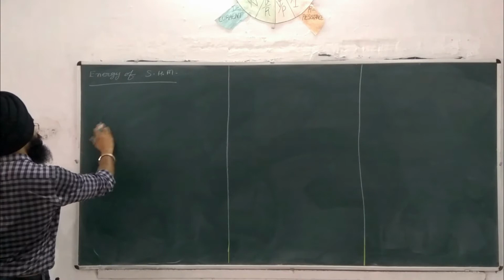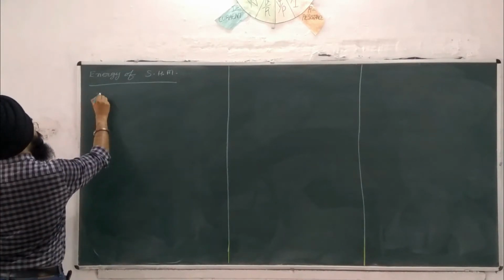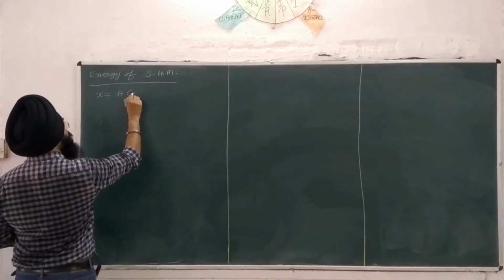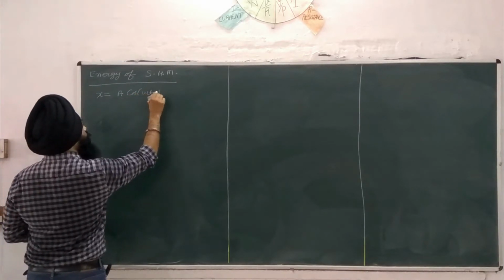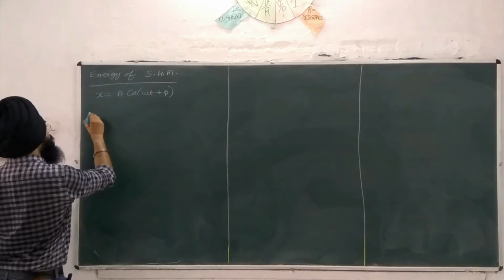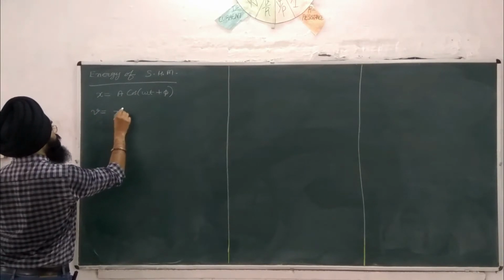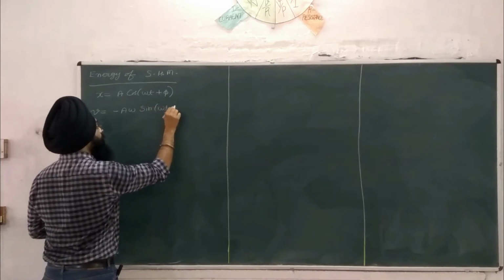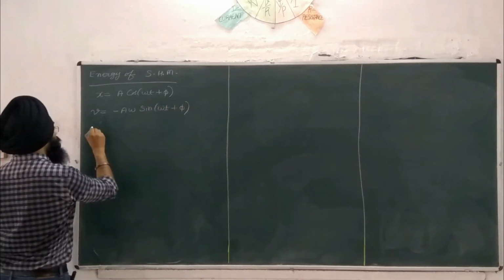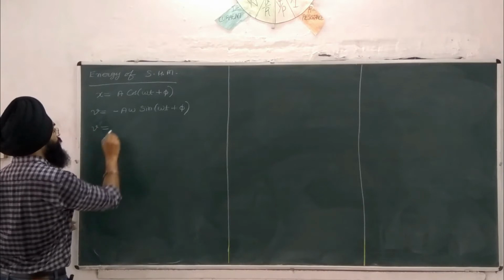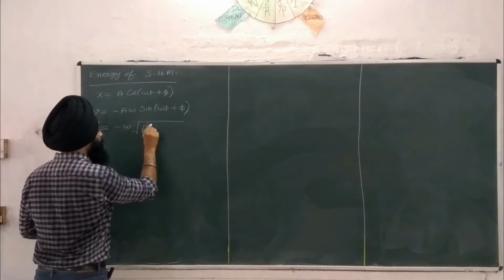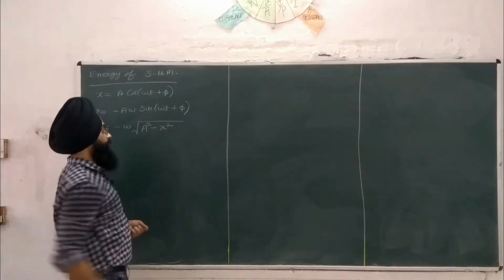In the previous lecture we discussed the displacement, which is given by A cos(omega t plus phi), and velocity equal to minus A omega sin(omega t plus phi). Also the velocity was minus A omega under root A square minus x square.